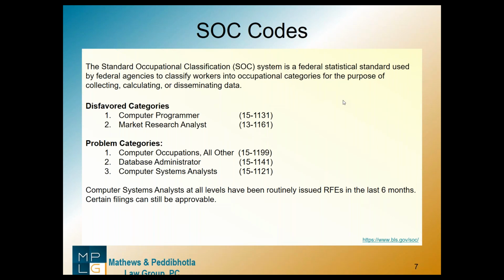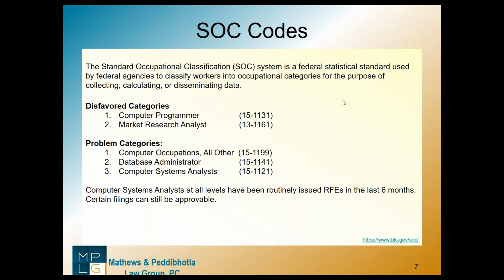So long as it's a strong case, we feel comfortable moving forward with computer systems analysts, but at a minimum of level 2. As I mentioned, level 1 generally is disfavored unless it's in fact an entry-level position that can be defended as one, and we will definitely be talking with you if we see level 1 requests. But we don't disfavor computer systems analysts.